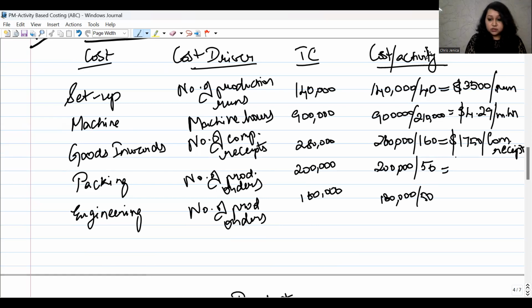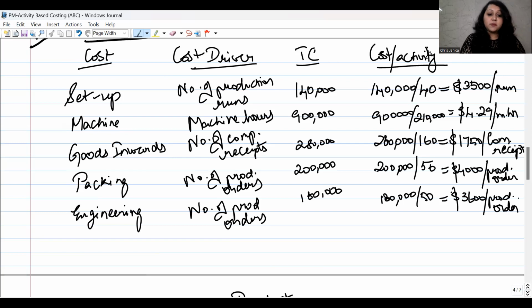So it's going to be 3,600 per production order for engineering cost and $4,000 per production order for packing cost.